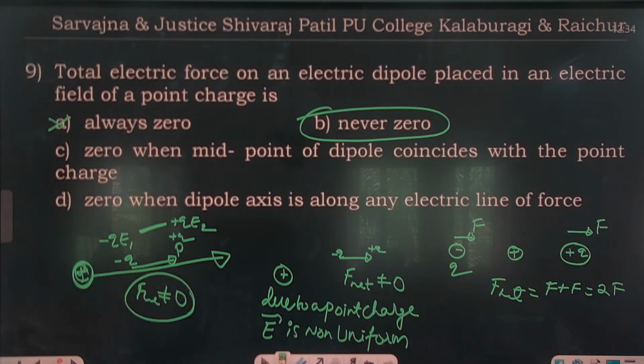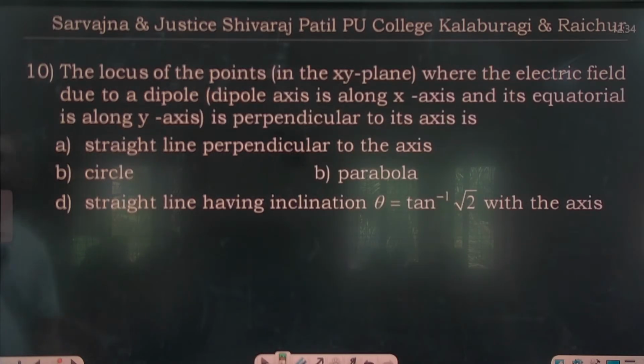If a dipole is placed in a non-uniform electric field, what happens? There will be a net force and there will be a net torque. Does a point charge form a uniform electric field? No. For a point charge the electric field varies as 1 by r square. You have already done this.